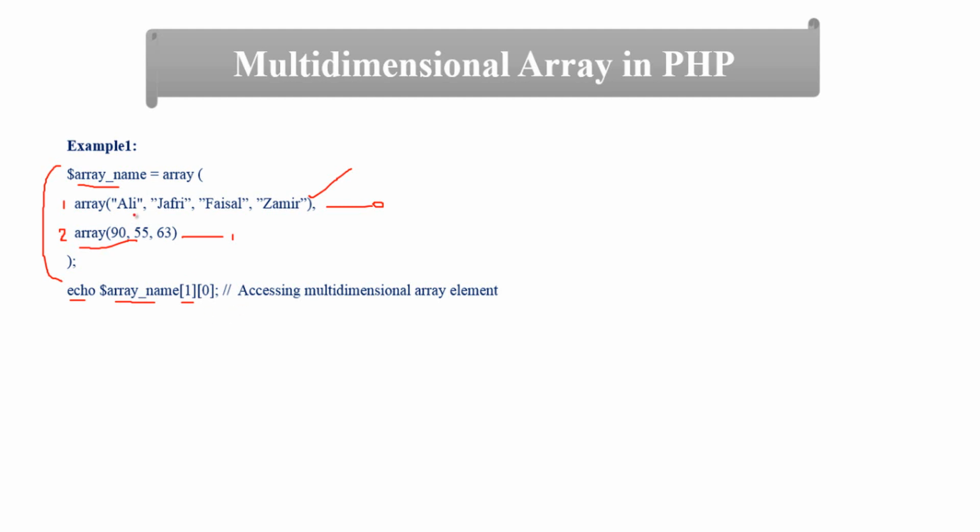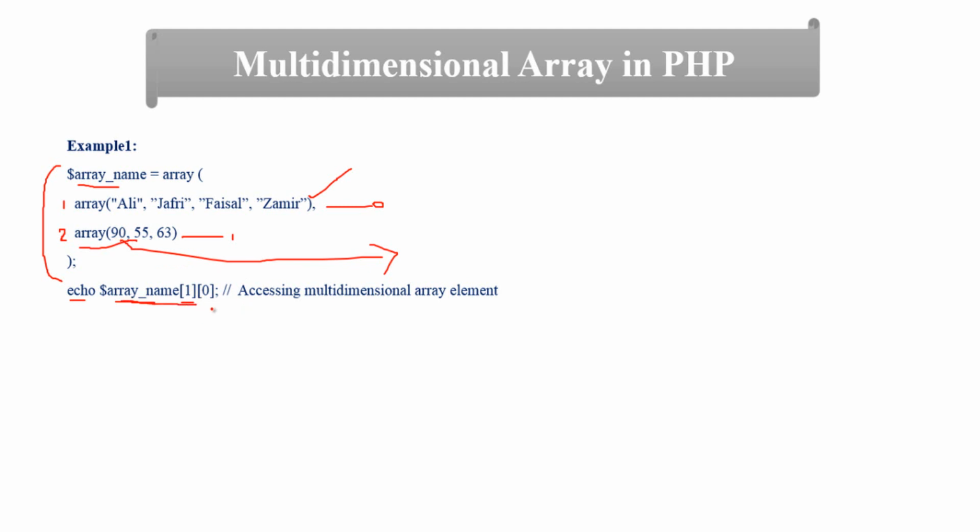So I want to print this value, this 90, in this way. You can see that 1 means the second array, so we are discussing this array because its index number is 1. Inside 1, I want to access the element which has index number 0. So 90 is the element which has index number 0.